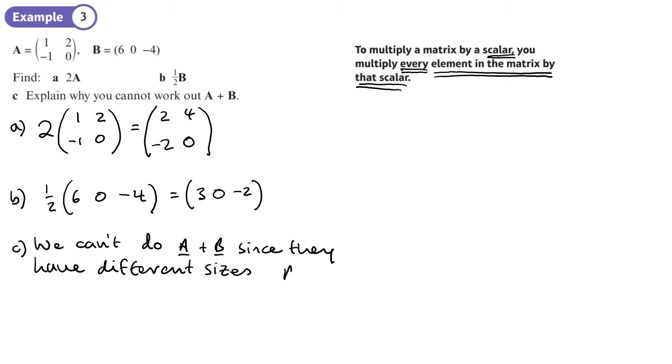A is a matrix which is 2 by 2. B is a matrix which is 1 by 3. And we can only add matrices if they have the same size. And these don't have the same size. They need to be identical. I think it's called like additively comfortable or something like that when they're the same size.